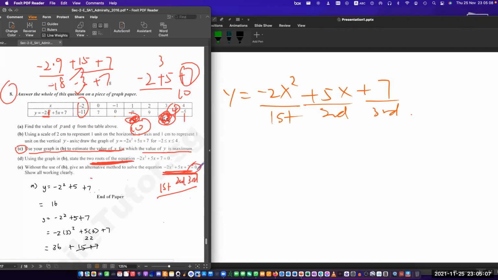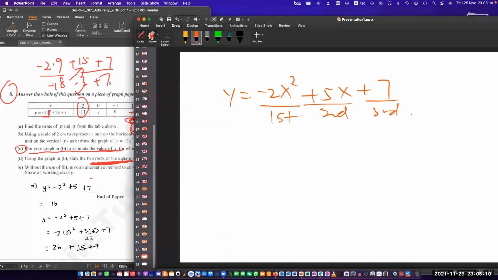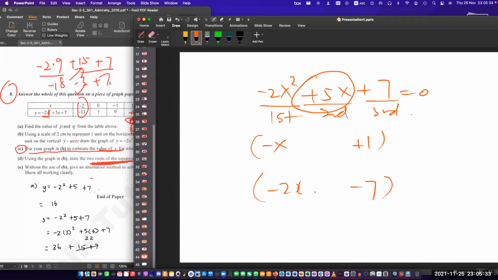So this is equal to 0. So I just need to equate it to 0. How do you get -2x squared? Minus x and -2. So how do you get 5x? Okay, there is only one possibility, which is -7 and +1. Okay, test it out.